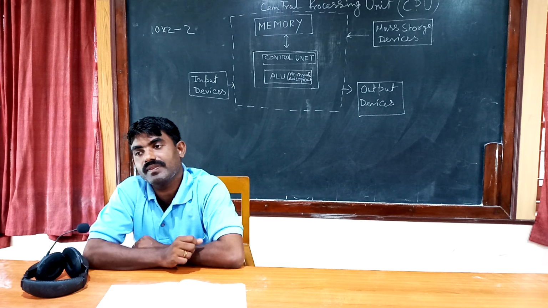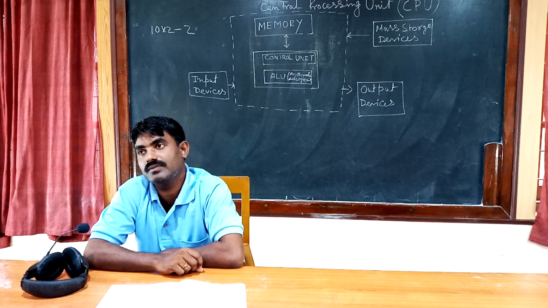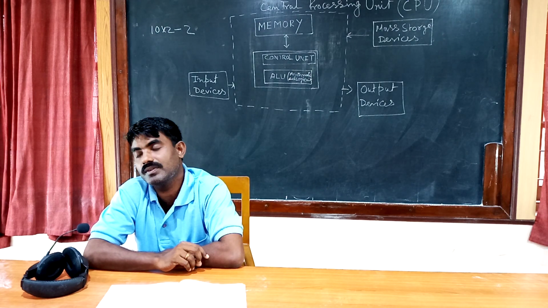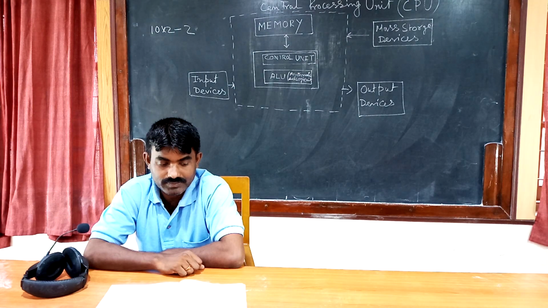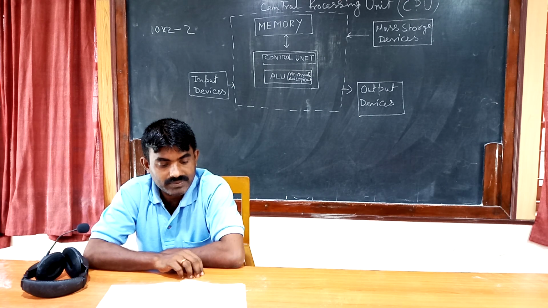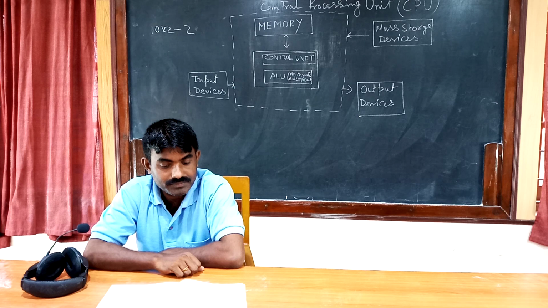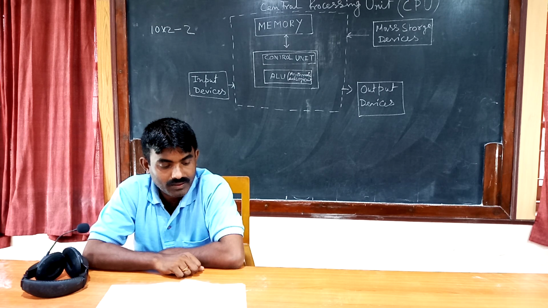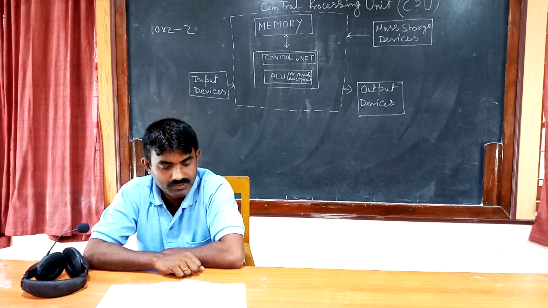So cache memory can help computer systems like the CPU to access data very fast. There are three types of cache memory: asynchronous SRAM, synchronous burst SRAM, and pipeline burst SRAM.